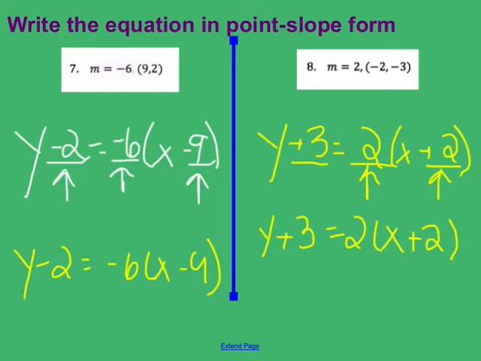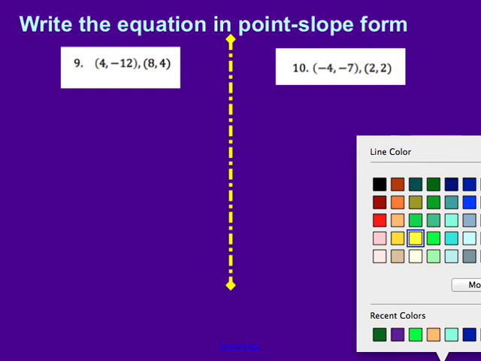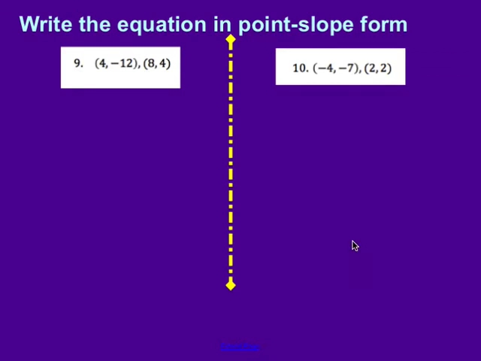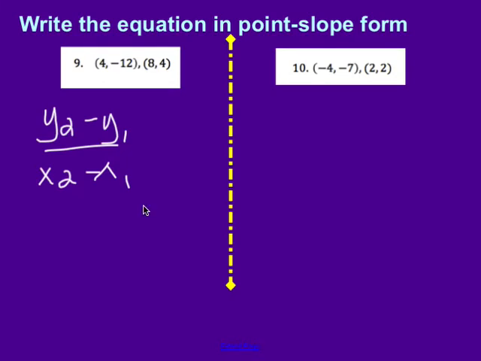Now let's take a look at what we would do if we were given 2 points. If we're given 2 points, we need to use that slope formula. Remember, slope formula is y2 minus y1 over x2 minus x1. So when you're calculating slope, sometimes it helps to go ahead and label your points x1, y1, x2, y2, because that helps me remember what I'm doing.